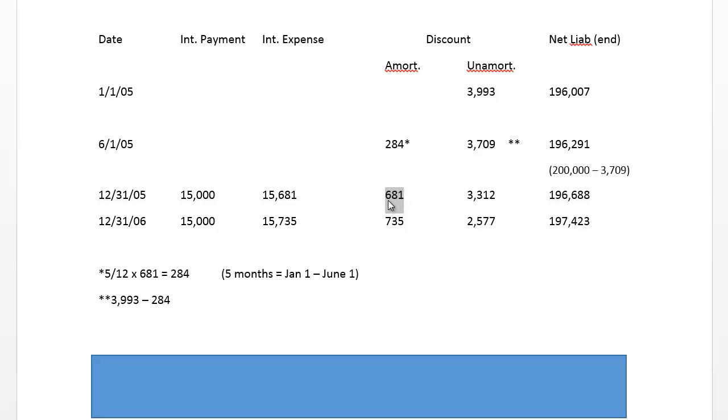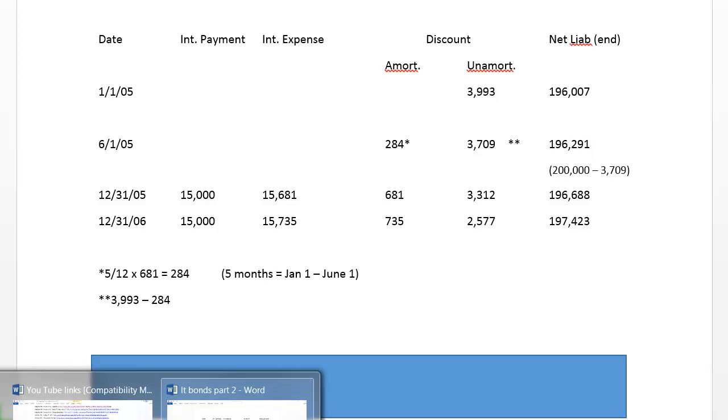All I did was allocate this discount amortized over 5 months. Subtract it from the amount that I would have had if this was my issue date to get the unamortized piece. So $200,000 at issue date less what would have been unamortized gives me this present value or net liability at June 1st, 2005.